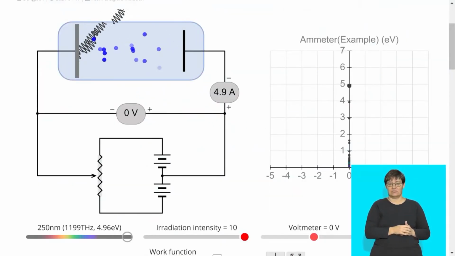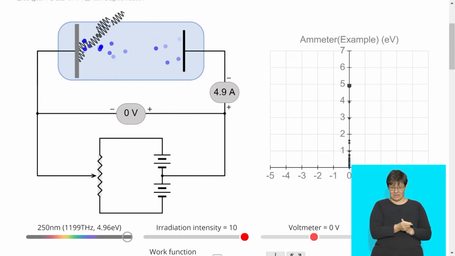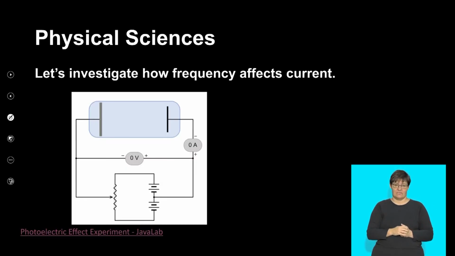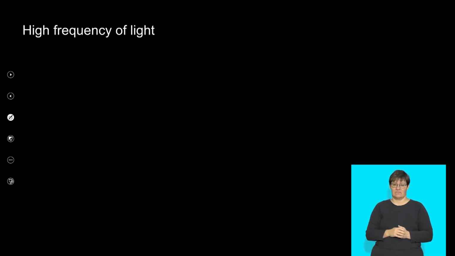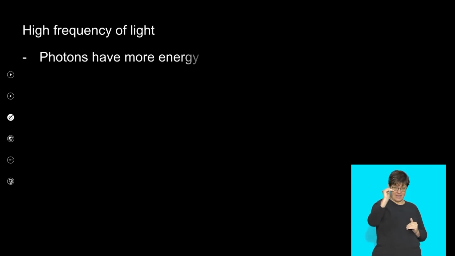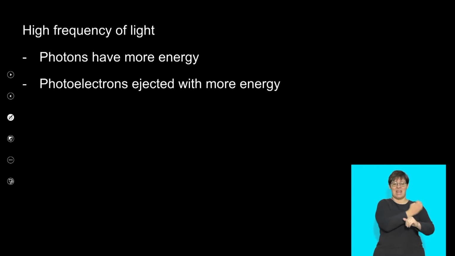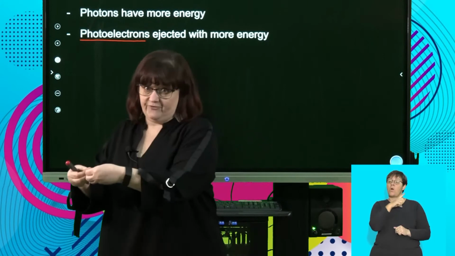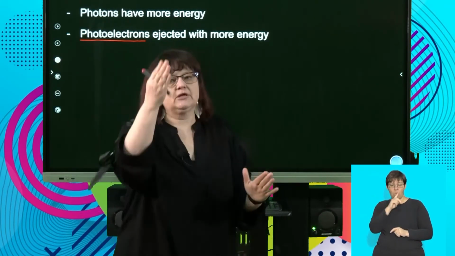We need to take what we've seen here and look at it in terms of the equation. When there's a high frequency of light, the photons have more energy. The photoelectrons, don't get upset about that word, are still electrons. We just call them photoelectrons because a photon kicked them out.